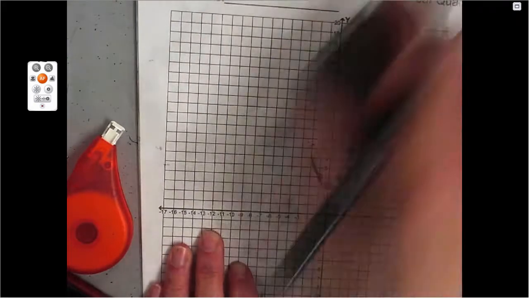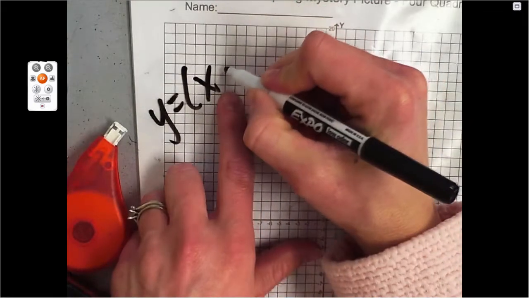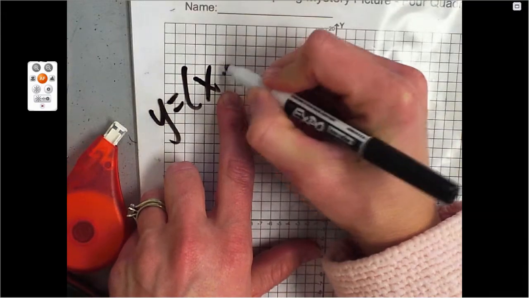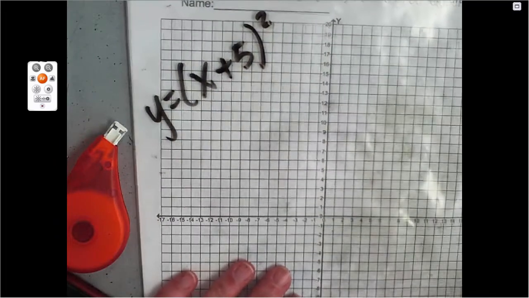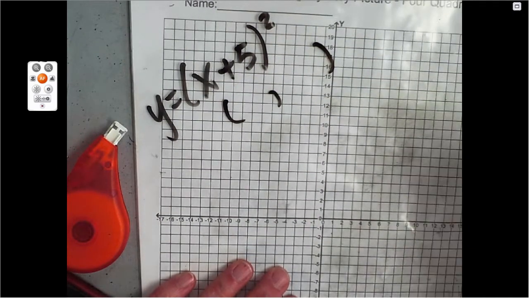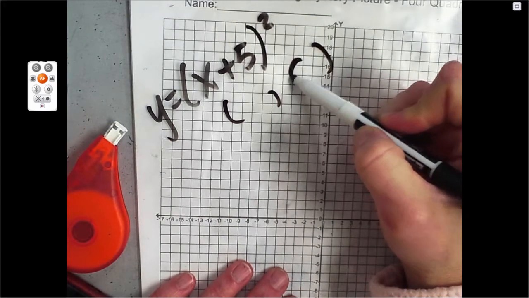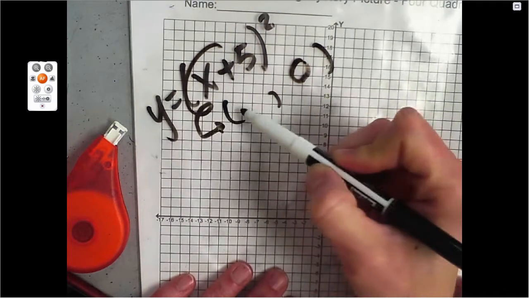Let's do one where there's not anything on the outside. y equals (x plus 5) squared, period. That's it. So nothing on the outside, that's a 0. Instead of 5, it becomes negative 5.